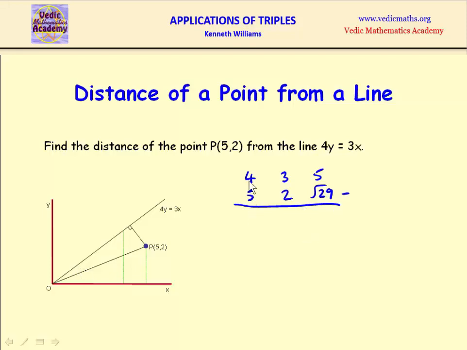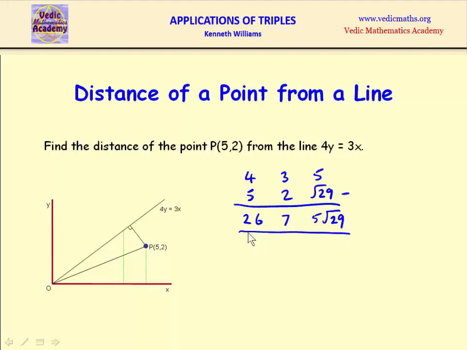So let's see. We multiply vertically and add, so we have 20 and 6 is 26. We multiply crosswise and subtract, so we have 15 take away 8, which is 7. And vertically here we have 5 root 29. So that's the triple we're looking for.